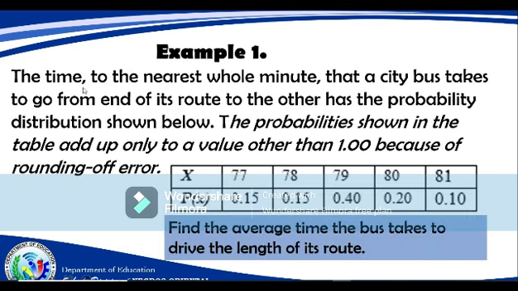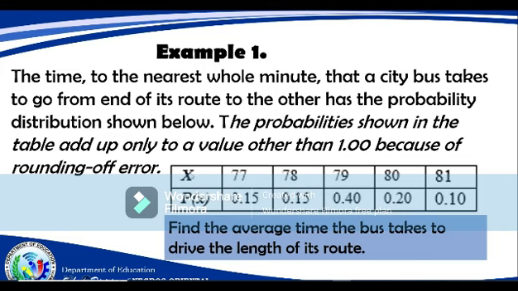Now, let's start with the example. The time to the nearest whole minute that a city bus takes to go from one end of its route to the other has the probability distribution shown below. Now, the probabilities shown in the table add up to a value other than 1 only because of rounding off error. Now, find the average time the bus takes to drive the length of its route.